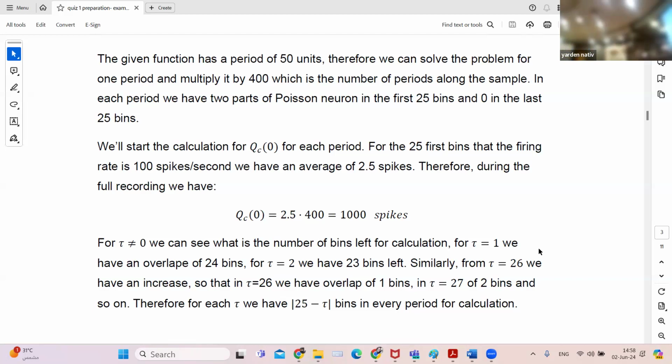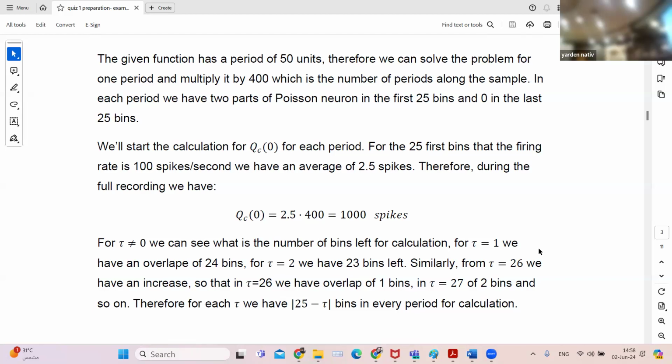Let's solve it like this. I like this way better than what is written here. After I finish the full non-overlap and the full overlap, then I go into what happens when it's a partial overlap. So let's first start with the full overlap.